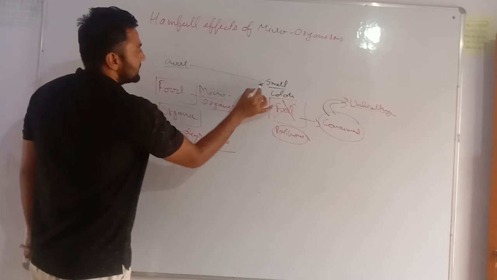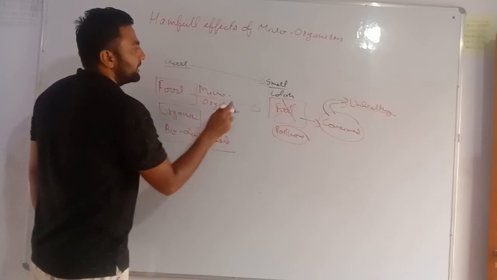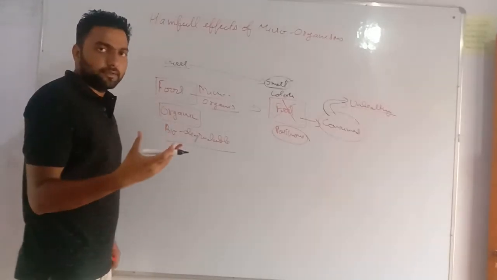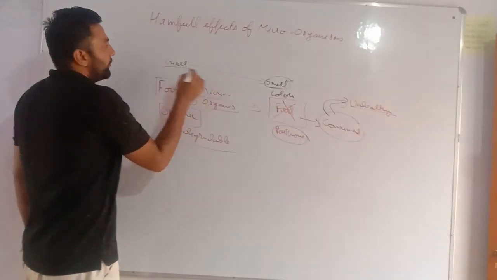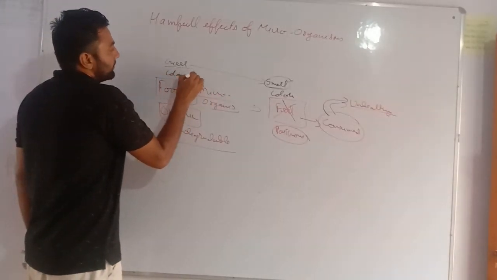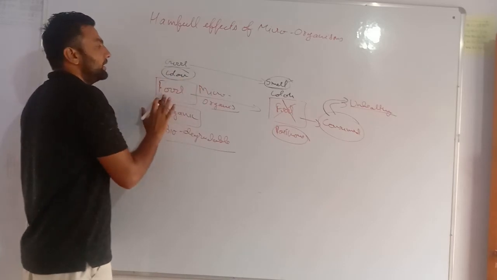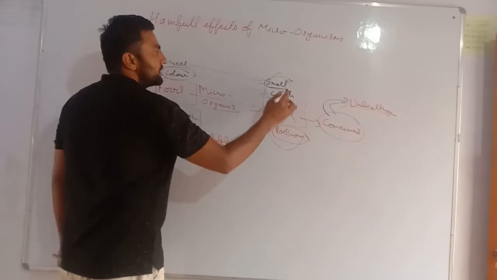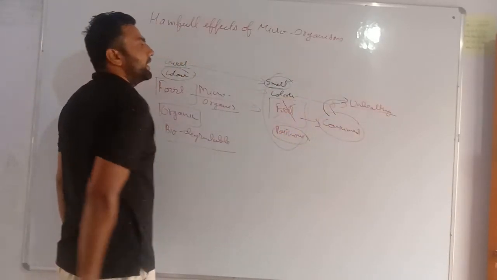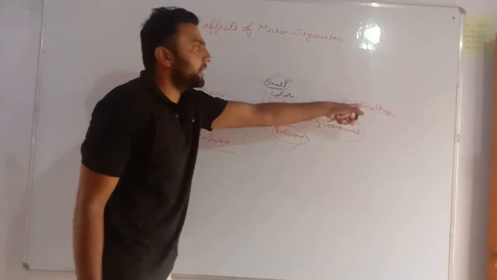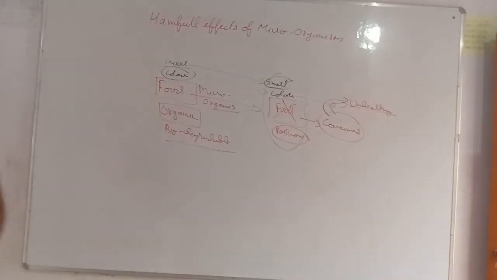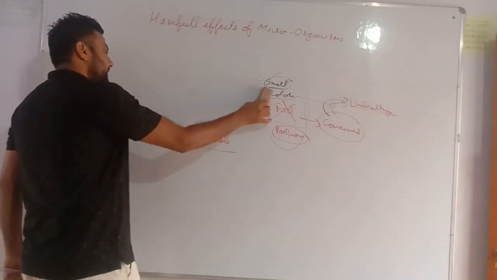But when it is acted upon by microorganisms, it does not smell good. It smells stagnant. Its color may even change, and if I consume such food, I will become unhealthy, and this process of becoming unhealthy is known as food poisoning.